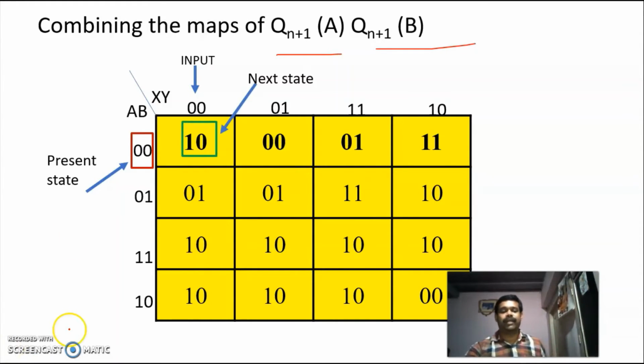From this we are going to form the transition table first. Then we are converting the transition table to the state table. After forming the state table, we will go for the state diagram. So we have converted the individual next state maps to one single map. From that we can find the present state, input, and next state. And you have another map for output, which we can also take.